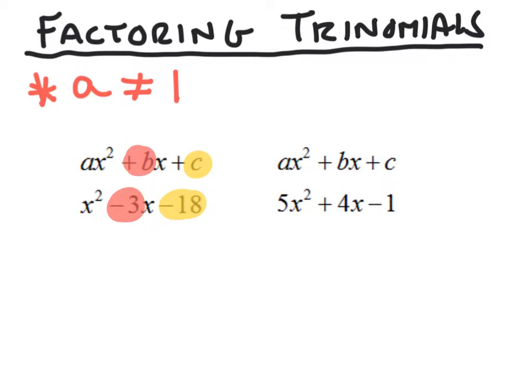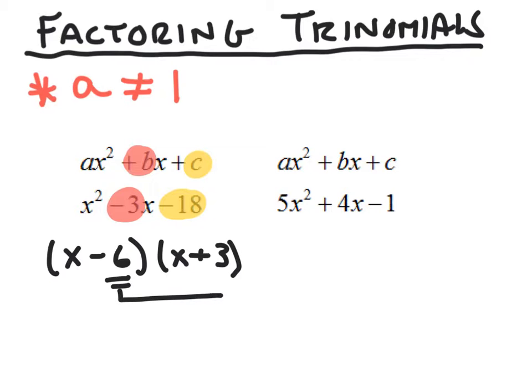And so I would be looking for two numbers that multiply to negative 18, but would add to negative 3. And I can think of those in my head. There aren't many numbers that multiply to negative 18, and I think this would be our factoring of this. This number and this number add together to give you negative 3, and those two numbers multiply to negative 18. This is a very straightforward process.